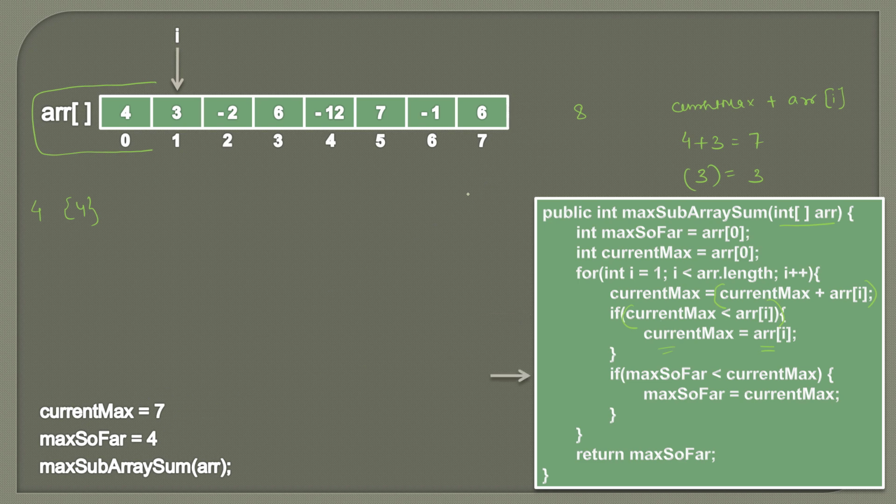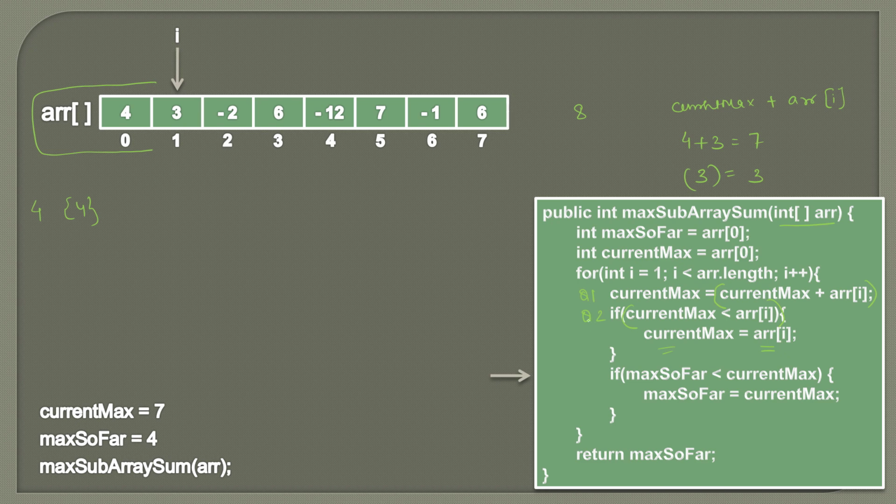So friends, here you can see that when the element decides to be a part of the current subarray, we simply add it to the current max. And here we are simply assigning it to the current max because in the next step we will reassign it if current max is less than the current element's value, which means that 3 has decided to create its own subarray. So this is our question 1 and this is question 2.